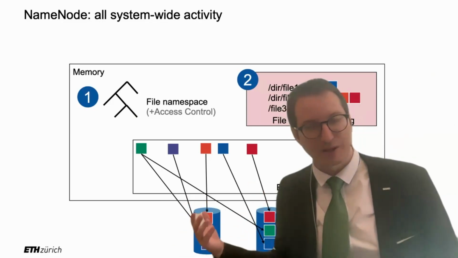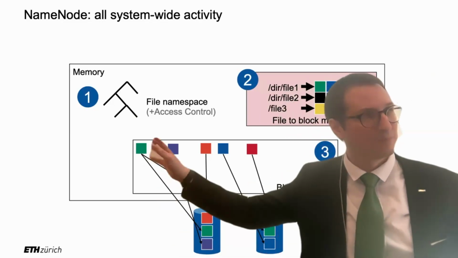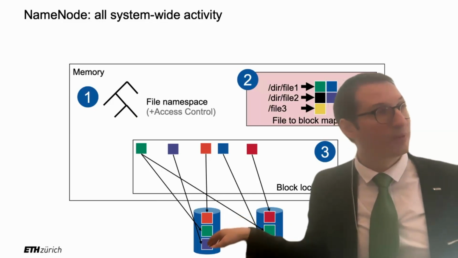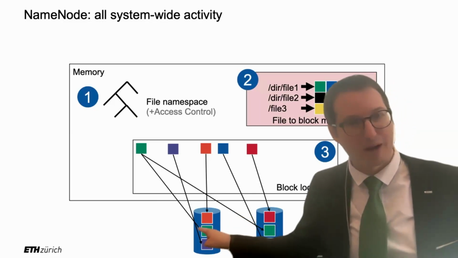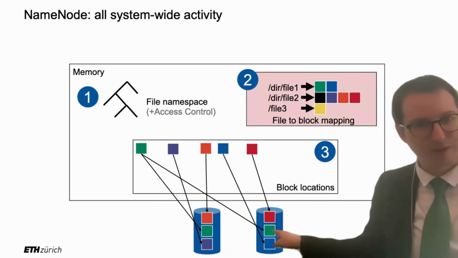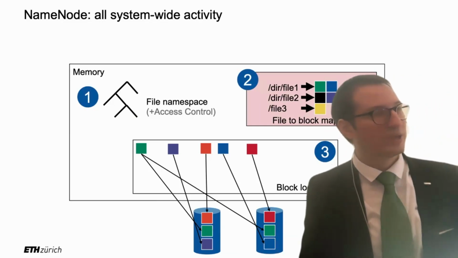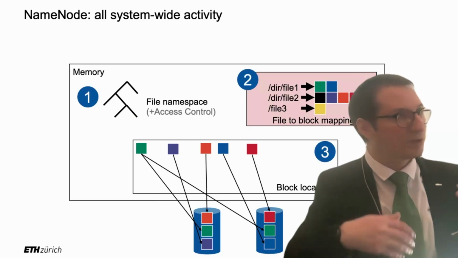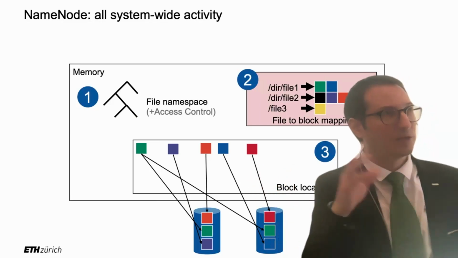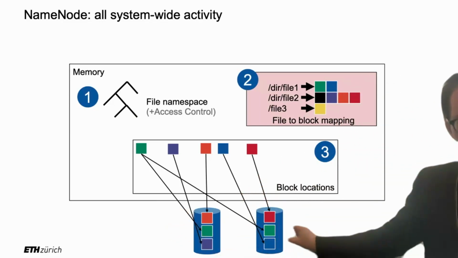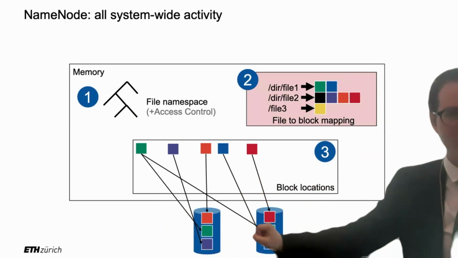Normally, in a properly working system, there's going to be by default, three copies. By the way, the copies are called replicas. This is one replica of the green block. This is one replica of the green block. There is no such thing as a first replica, second replica, third replica. There's just 3 replicas, no particular order, primus inter pares, like the Bundesrat, right? So just these 2 replicas.